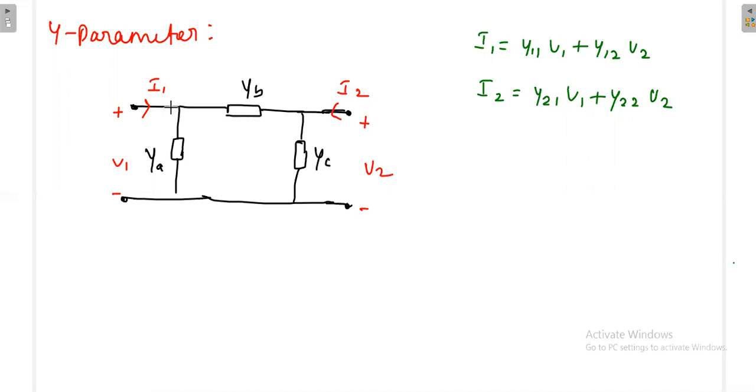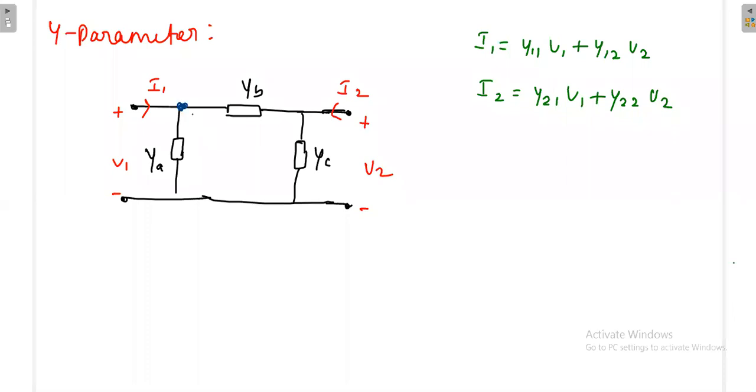First, we'll apply KCL here, because previously we applied KVL in the case of the Z parameter. Now we will apply the Kirchhoff current law. Take this node. What is the current entering or leaving this node? The current entering the node is I1. Then what is the current leaving this node?